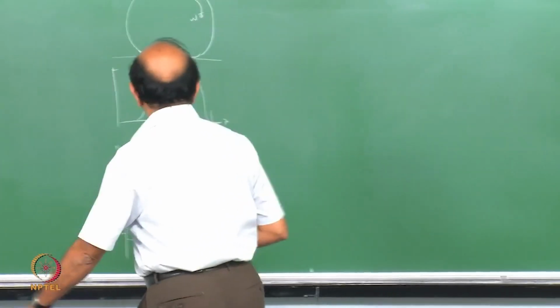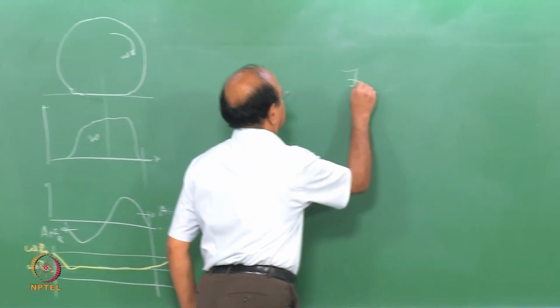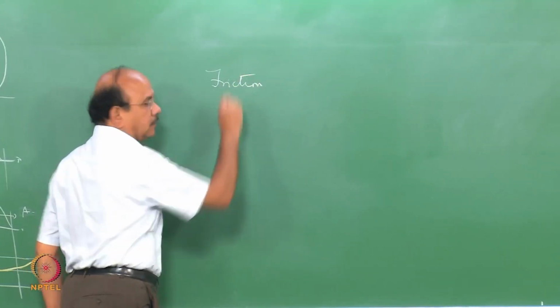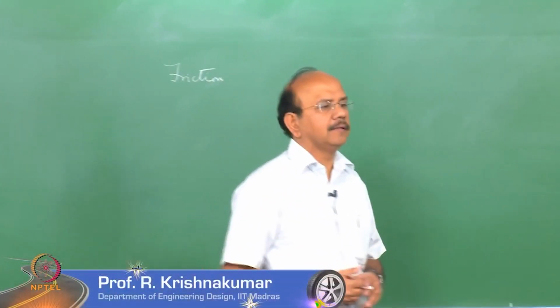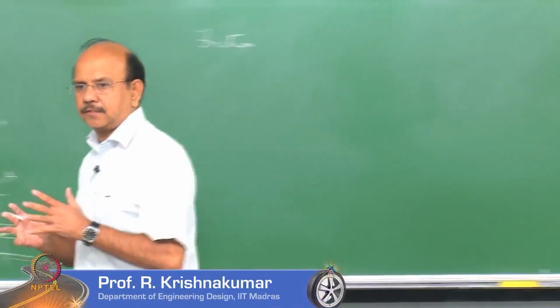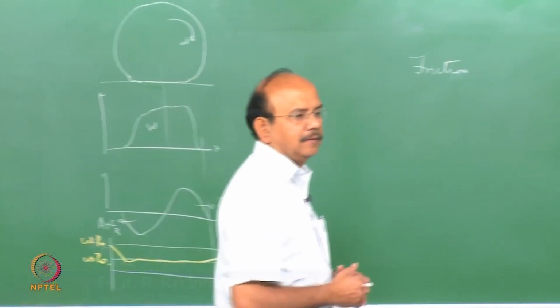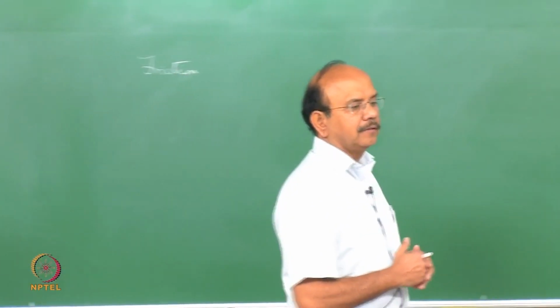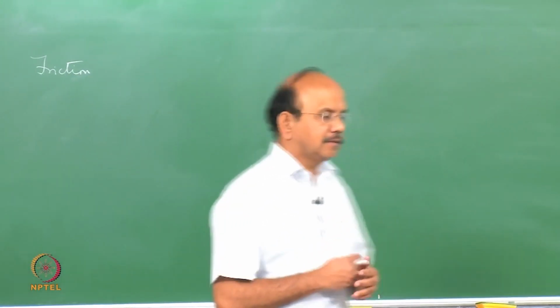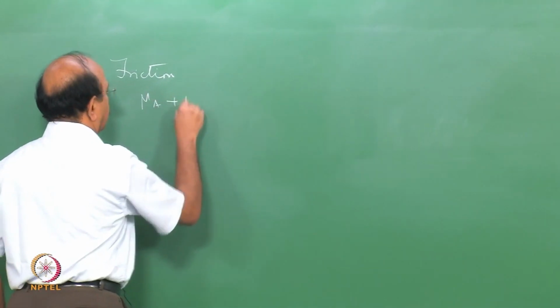In the last class, we were looking at the friction between the elastomer, the tire and the road. We found that friction is not as simple as metallic friction, but consists of two parts: mu adhesion plus mu hysteresis.